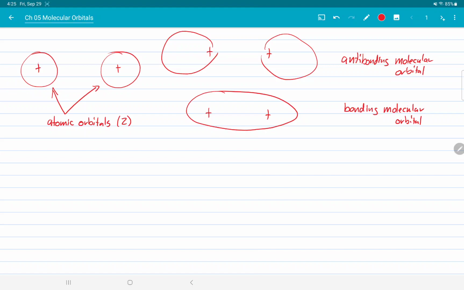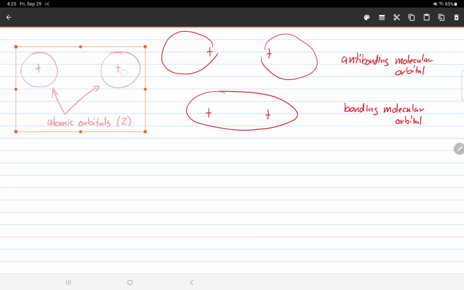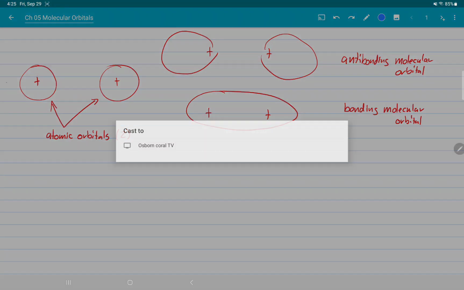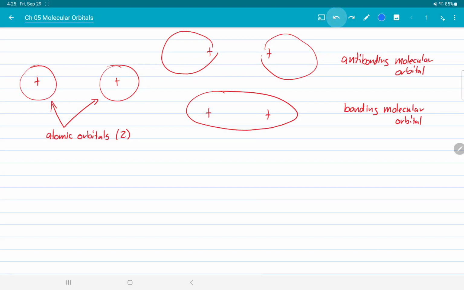Now, as we look at the anti-bonding and the bonding molecular orbitals, I'm going to shift this down just a little bit. And if I'm looking at energies, let's draw a line like this. We have a certain amount of energy that the atomic orbitals have.